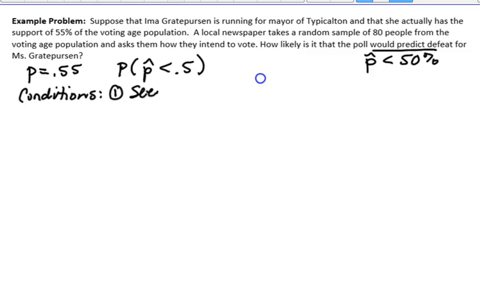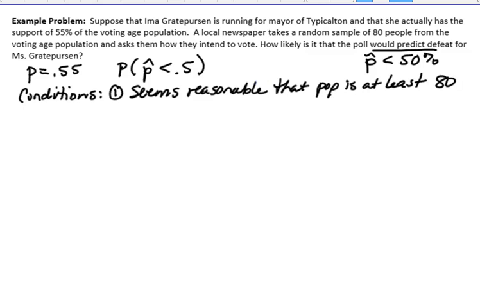So I'm going to say it seems reasonable that the population is at least 800. In other words, 80 is less than 10% of the population. Okay, so that seems reasonable.